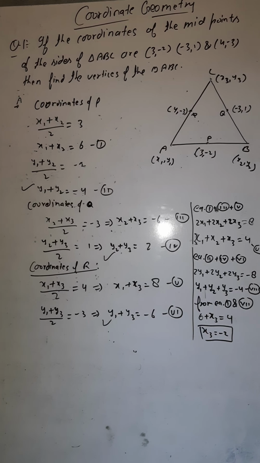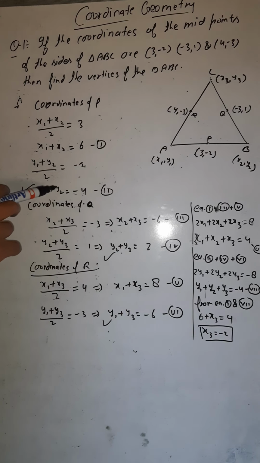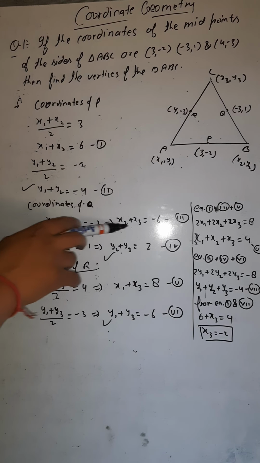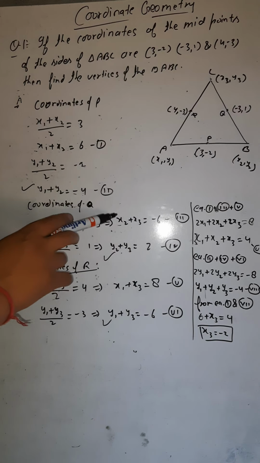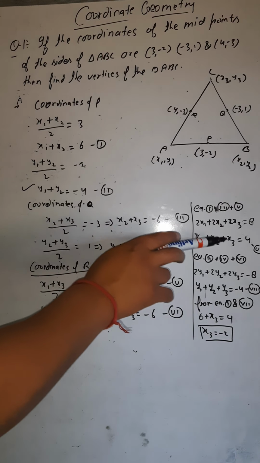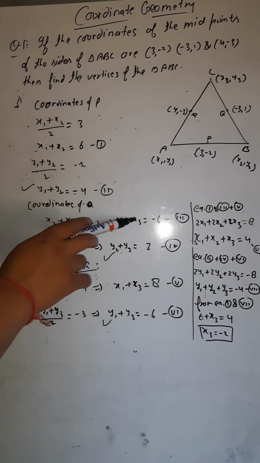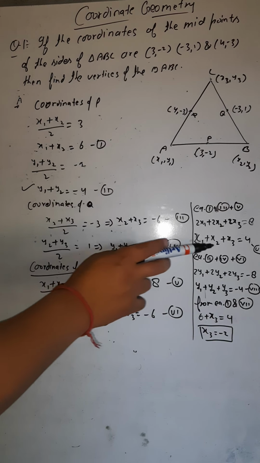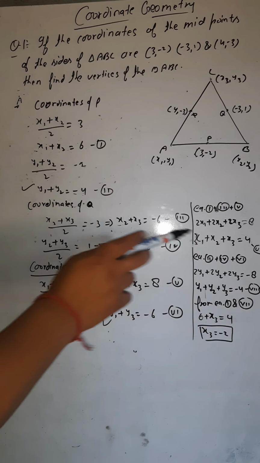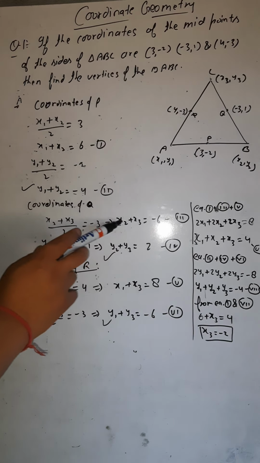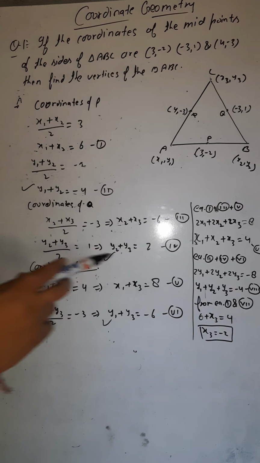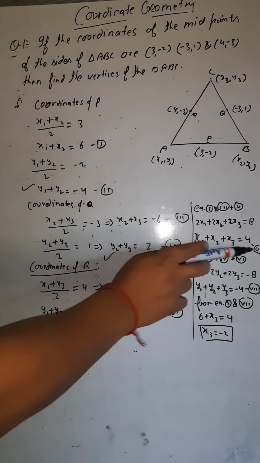Now I have the value of x3. Again, I'm taking equation number 3 and 7. Look here, the third equation says that the value of x2 plus x3 is minus 6, and the seventh equation is this.